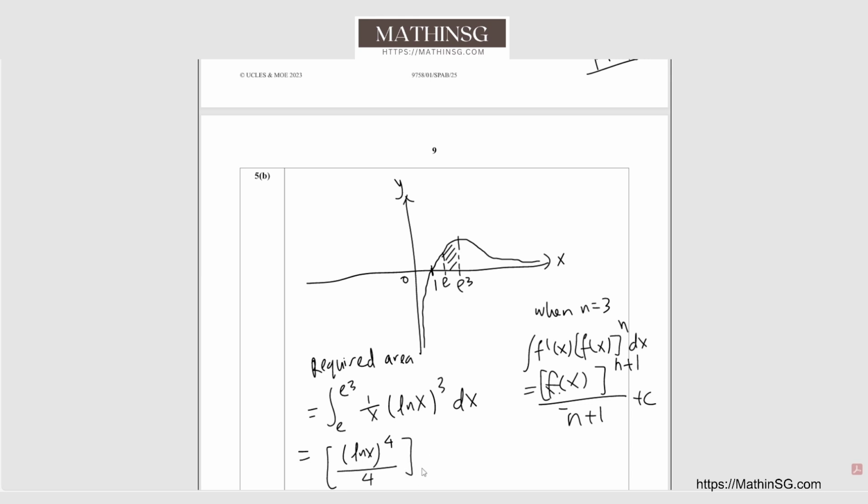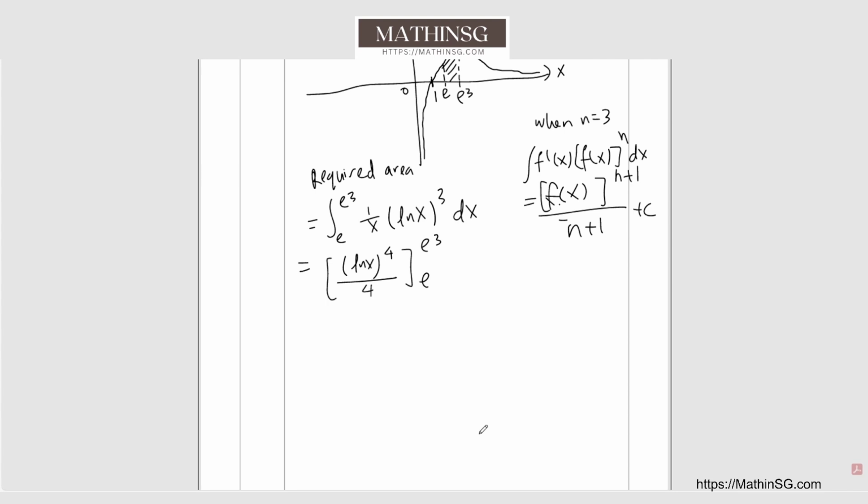Then I'll sub in from e to e cubed. Let's just sub in everything. You should be getting 20 units squared, because after you sub in (ln e cubed)^4 over 4 minus (ln e)^4 over 4, this is the answer.